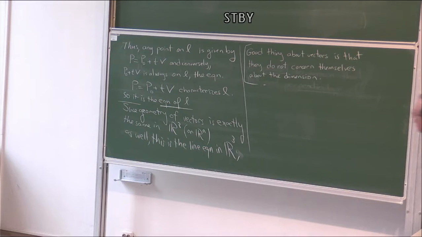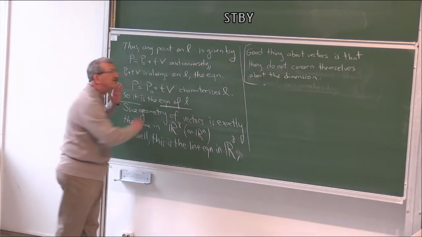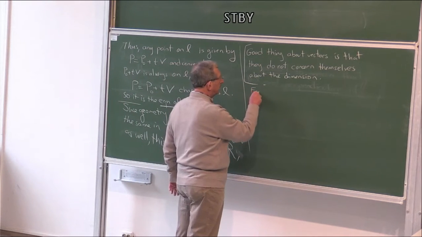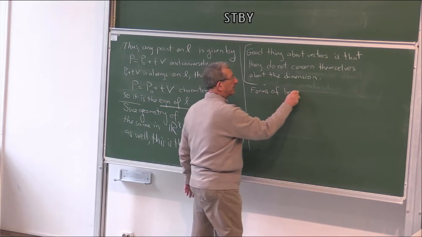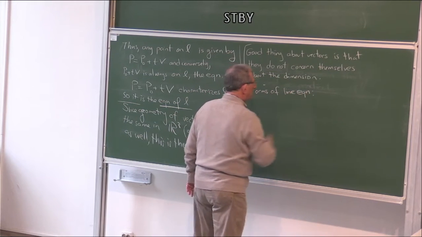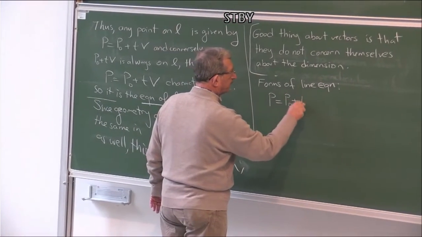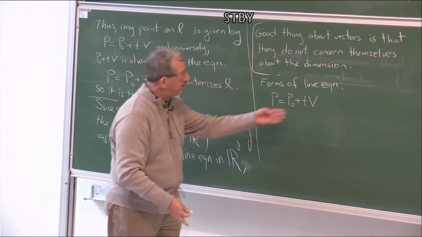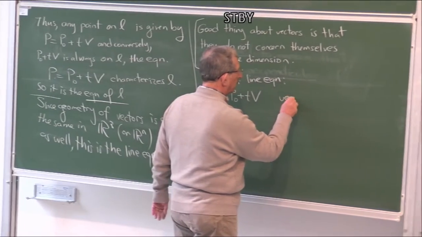Okay. Now, a little bit more about this equation. What does it really tell? Well, let us consider the forms of line equation. First of all, we have this. As we see, there are vectors in it. Everything is a vector except t. This is called the vector form.